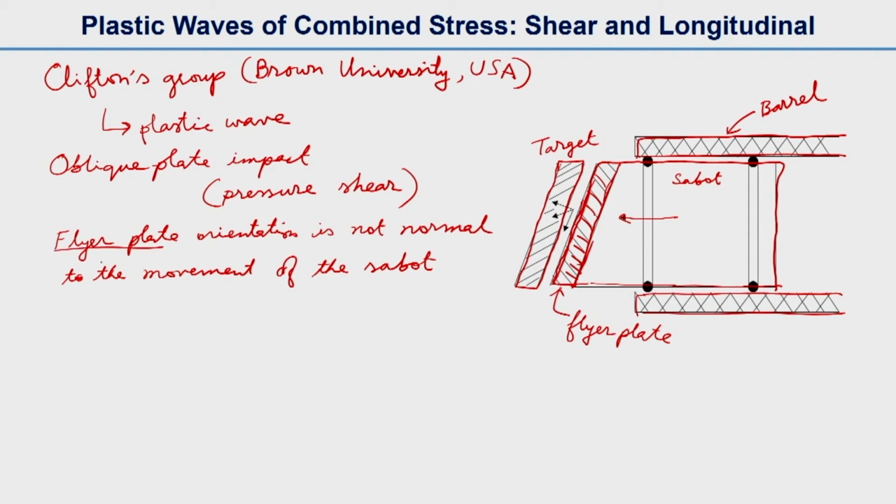So the orientation is not normal to the movement of the sabot, but parallel to the target, and that's why it is called oblique and parallel impact.